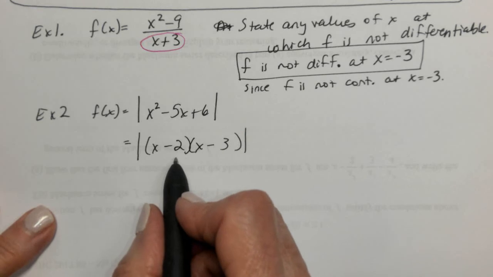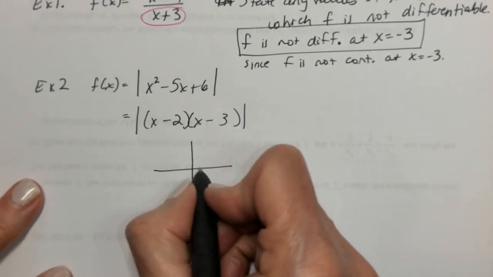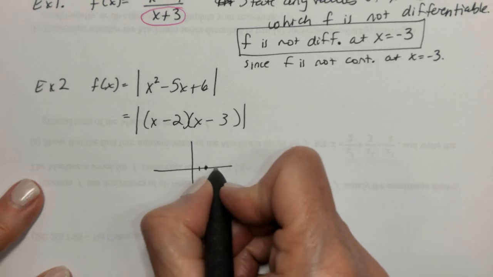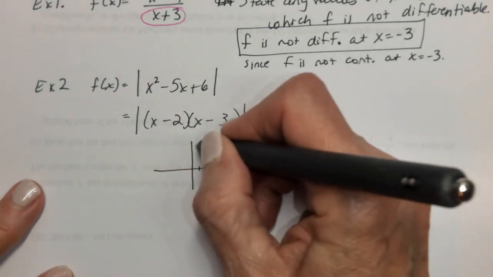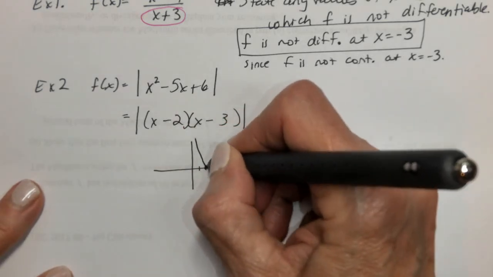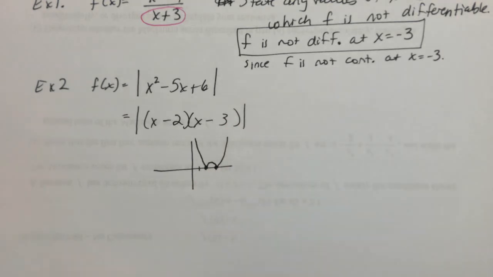So if I were graphing this, when x is 2 and 3, we would have zeros. Otherwise, it's a parabola. So this parabola would be doing something like that. Okay? Something like that.